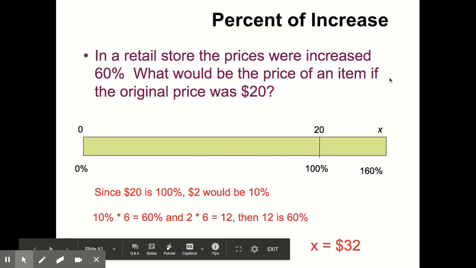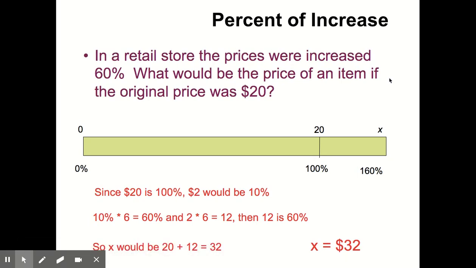Since $20 is 100%, we know that $2 would be 10%, and 10% times 6 would give us 60%. So if 10% is $2, 2 times 6 would give us 12, and 12 is 60%. We know the original amount, which is 100%, is 20, and we know 60% is $12. Add those two together, and we find the cost of the item would be $32.